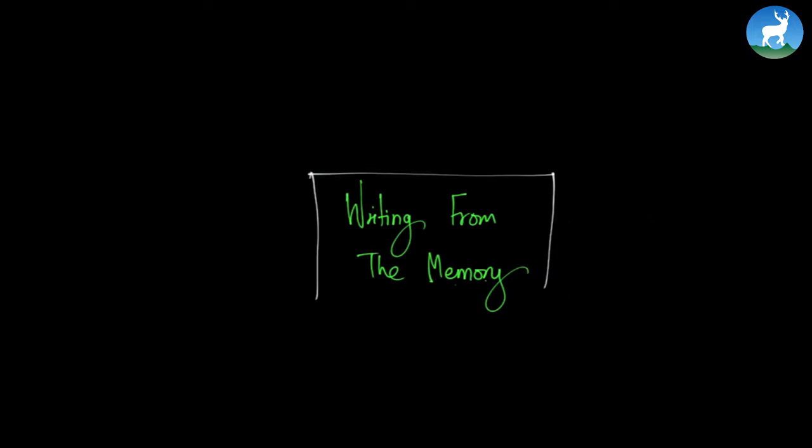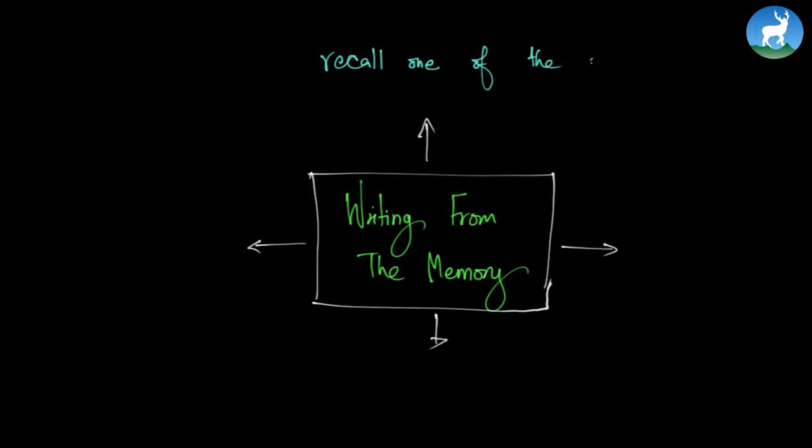So let's start. We are now going to learn something called writing from the memory. In order to do this, I want you to recall one of the interesting past experiences.